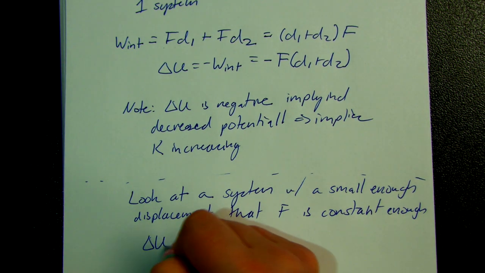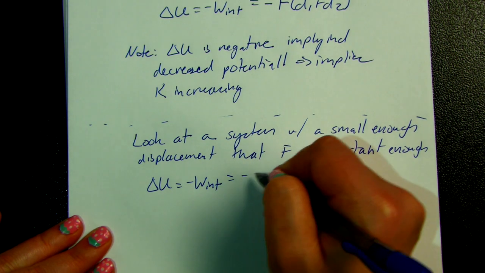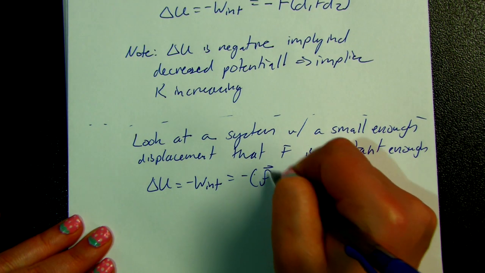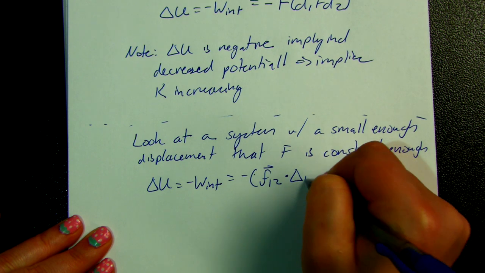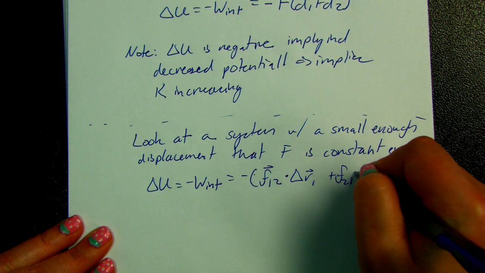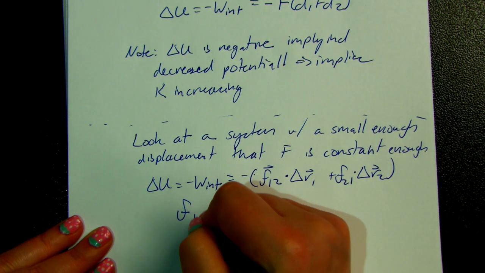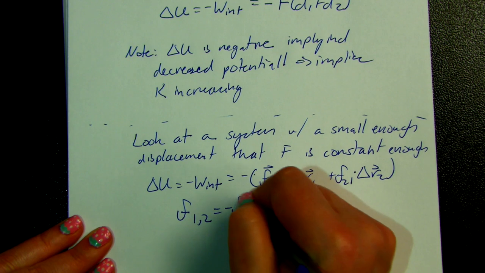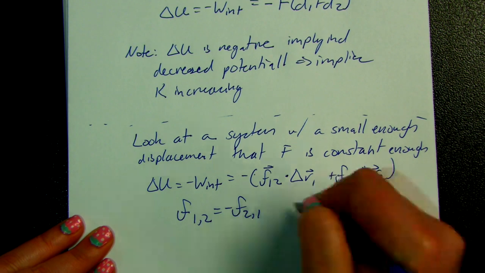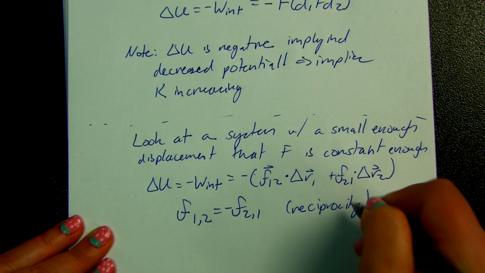Then you would have delta U is equal to minus work internal, is equal to minus F12 dotted with delta R1 plus F21 dotted with delta R2, and F12 is equal to minus F21, just reciprocity rearing its head again.